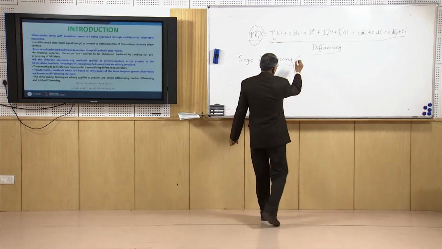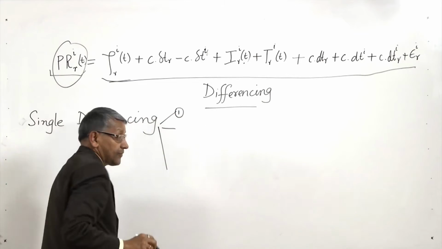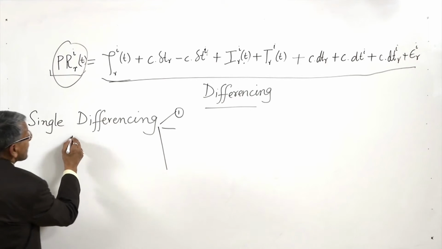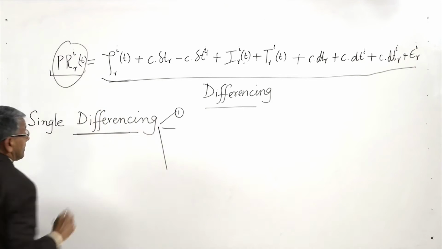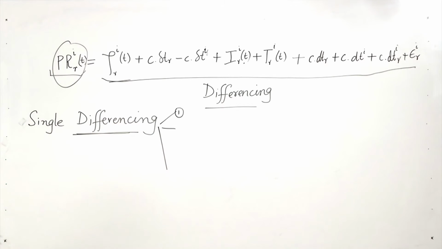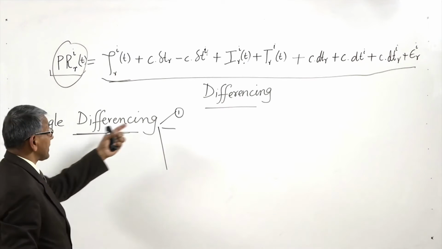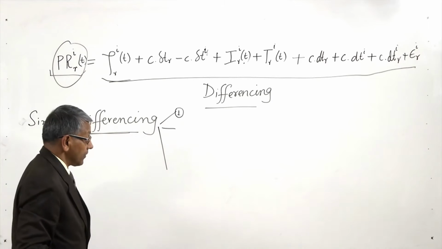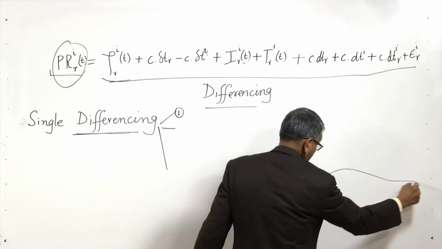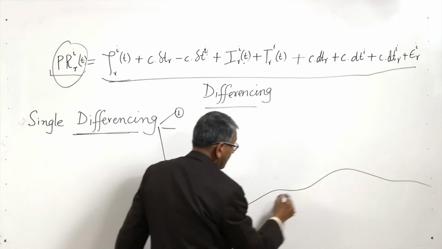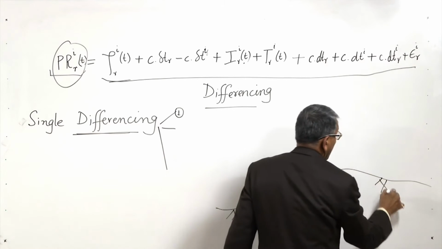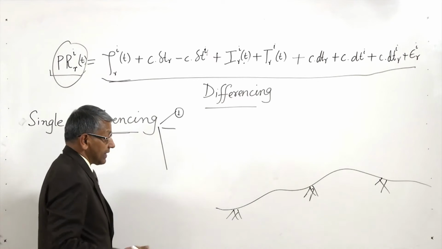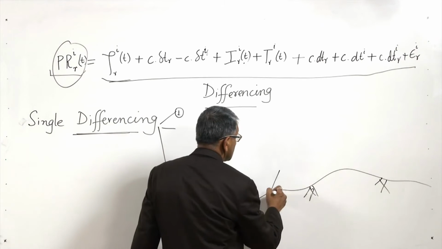Differencing means taking the difference of this observable. Single differencing can be done in three ways. First, suppose this is the terrain where we may take observations at a number of stations.